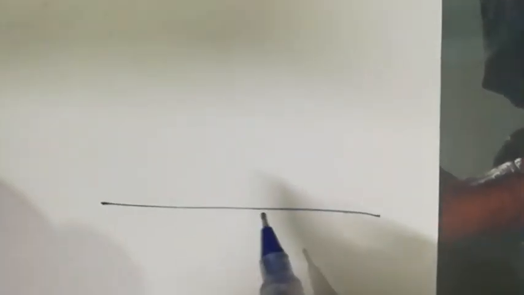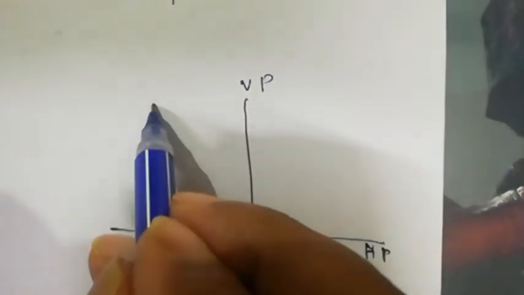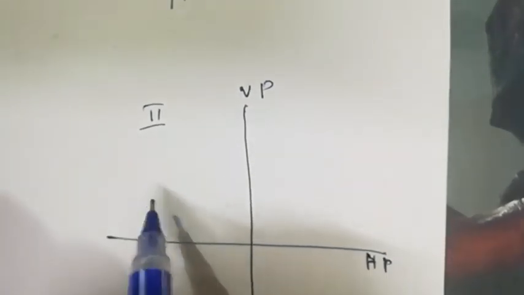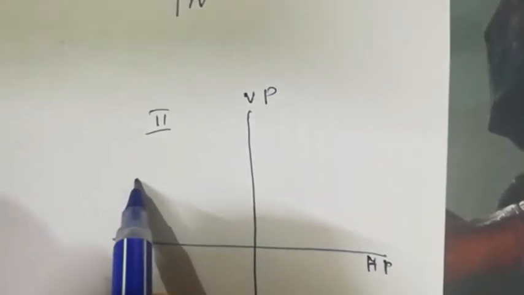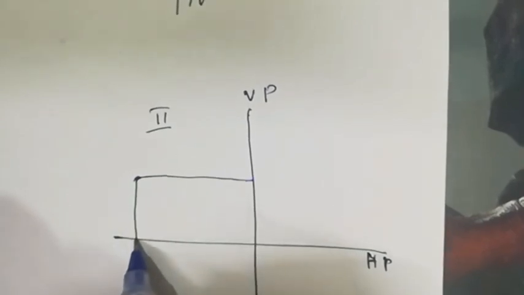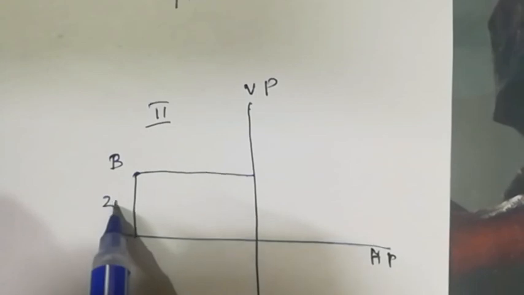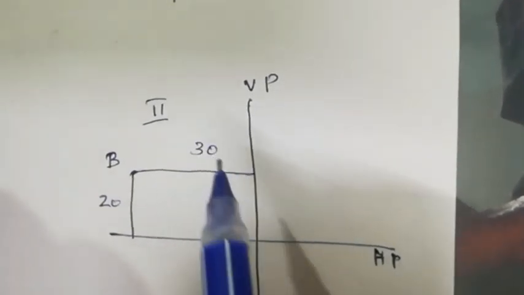Suppose a point is situated in the second quadrant. You know this is HP, this is VP, so this is the second quadrant. The point is situated 20 mm above and 30 mm behind, so let the name of the point be capital B. This is 20 mm, this is 30 mm.